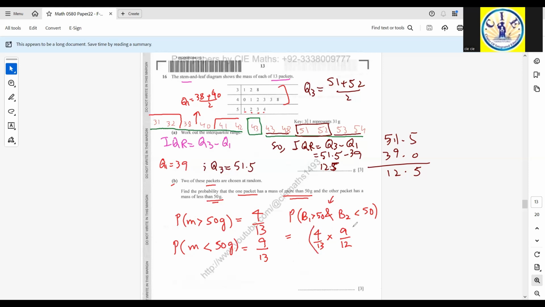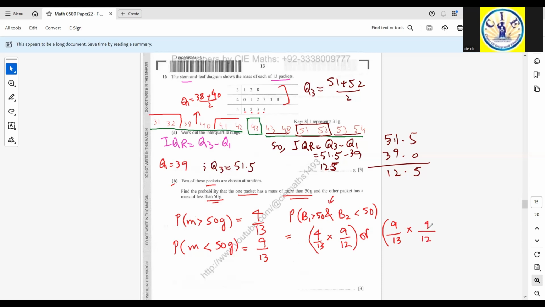And since I can either have this chosen first and this chosen second, or this chosen first and this chosen at the second place, what I mean to say is that either I can do it like this, or I can have 9 by 13, the bag with mass less than 50 grams chosen first, and then the bag with mass greater than 50 chosen afterwards.